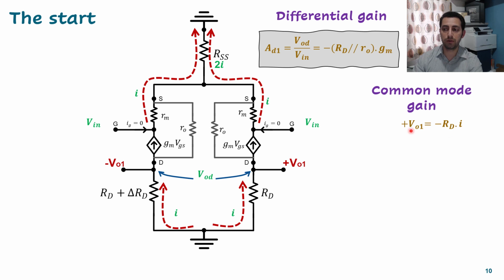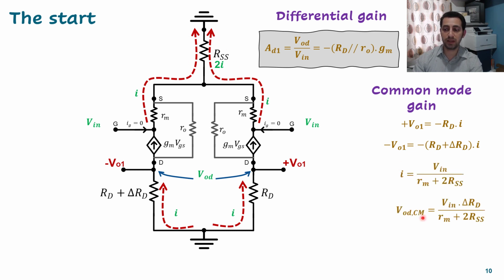V output will equal minus RD I, and also V output there minus I times RD plus delta RD. But what is I here? I here is Vn divided by Rm plus 2 RSS, because we have two currents going through that resistor from these two branches, and that will duplicate the voltage across this resistor.